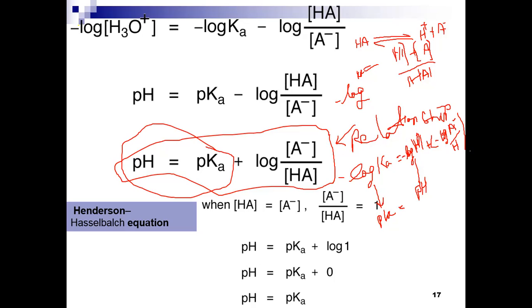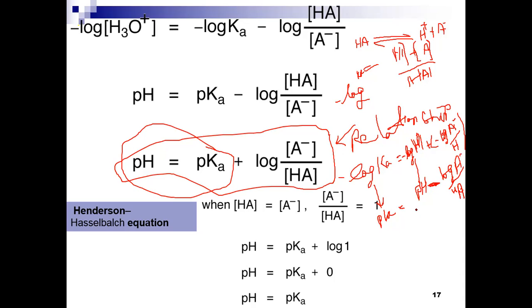It will become minus log A negative over HA, or over the acid. So this is the equation.